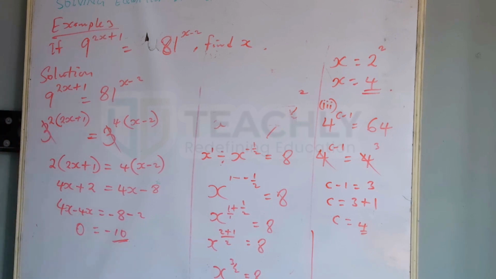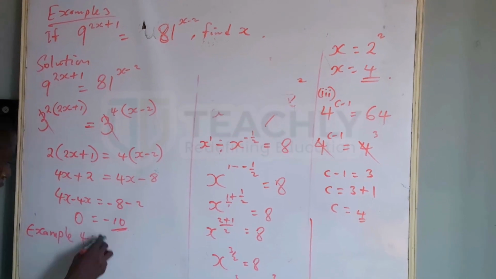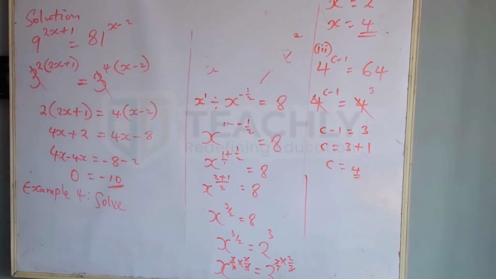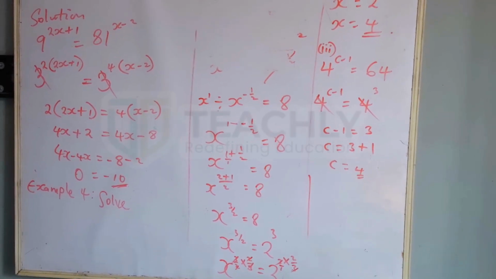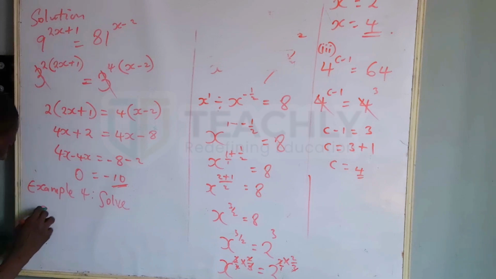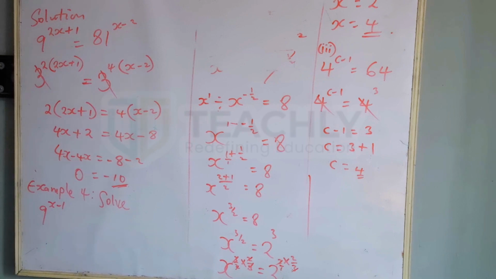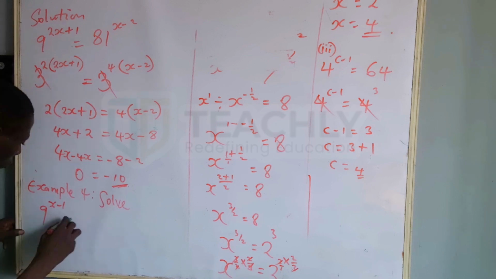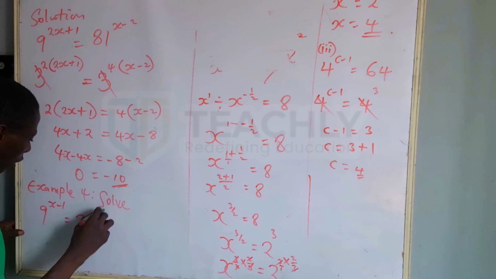Okay, let's also look at example 4. Example 4 here is also solve. You have to solve 9 to the power x minus 1 equals 27 to the power x plus 1.